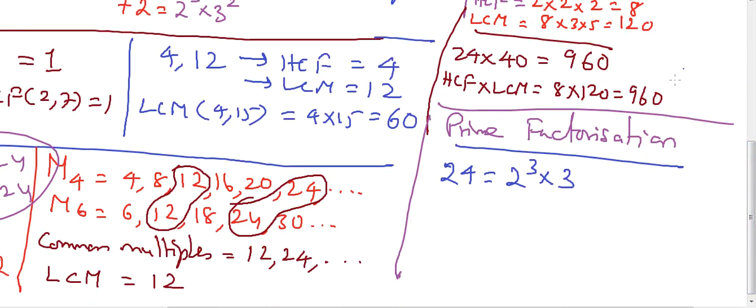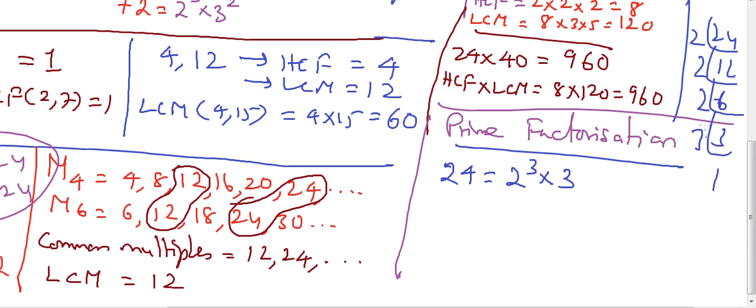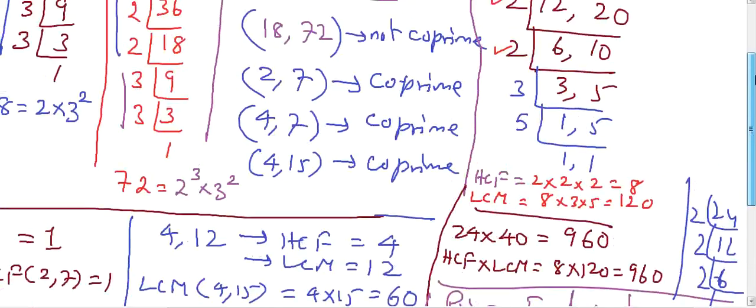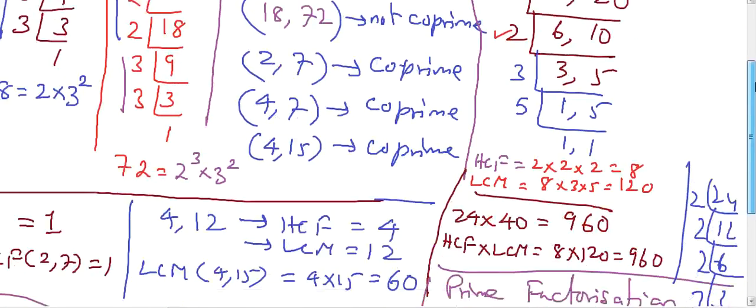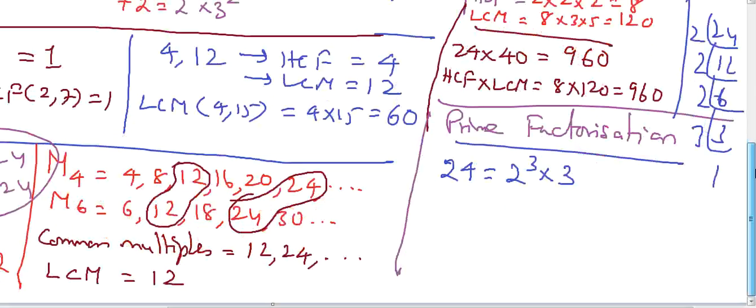Dividing 24 by 2 gives 12, then 6, then 3, and then 3 by 3 gives 1, so 2 into 2 into 2 into 3. Similarly, the other number, 40, is 8 into 5, so 2 power 3 into 5. This is what you get if you prime factorize.